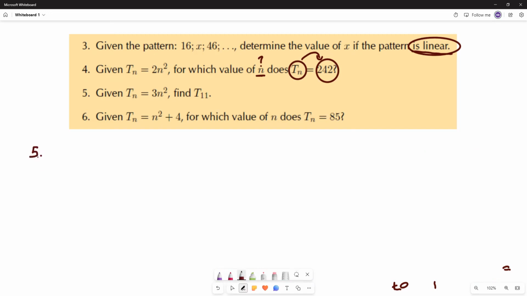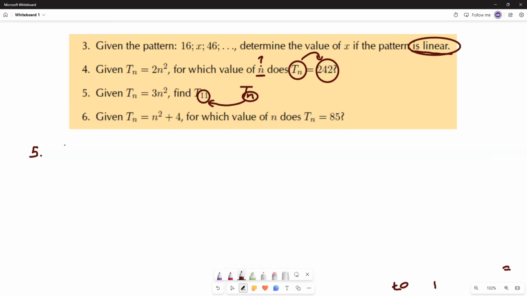Given the Tn to be that, they want us to find T11. You see? So here they give us the n to be 11. Remember, this is usually Tn, so it means they replace the n with 11, which means we need to replace our n with 11 in the pattern.